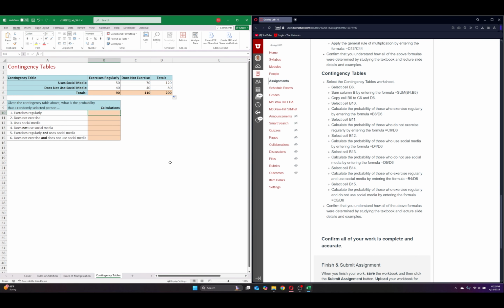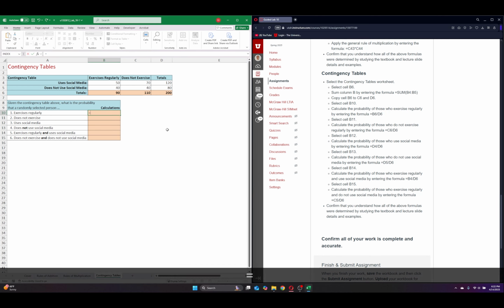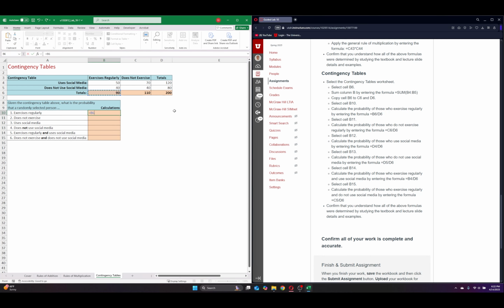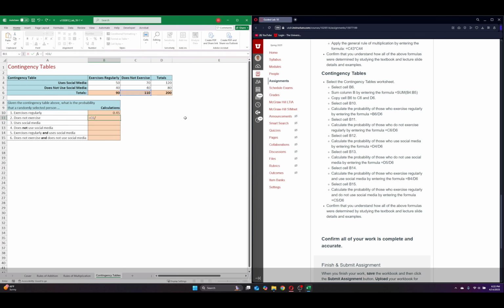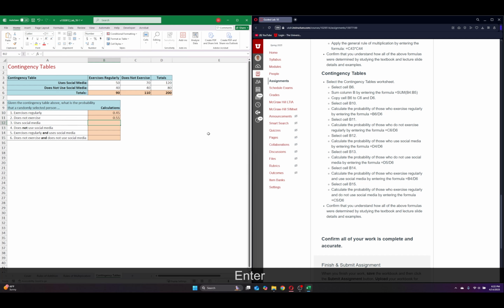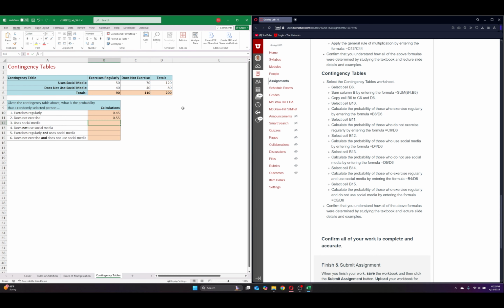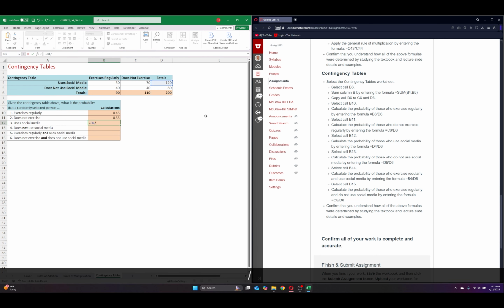Okay. Now, given the contingency table above, what is the probability that a randomly selected person is either one of these 6 things? Exercises regularly: 90 divided by 200. Does not exercise: 110 divided by 200. Uses social media: 120 divided by 200.